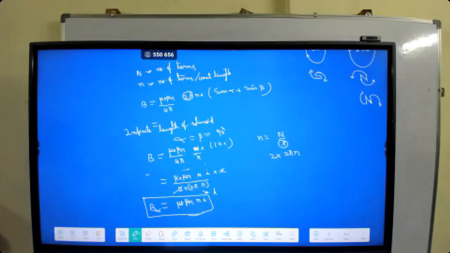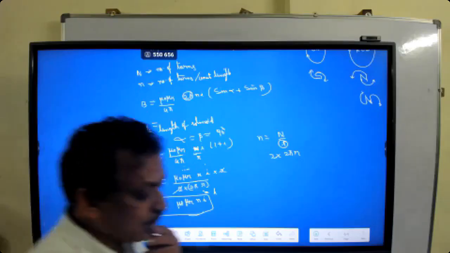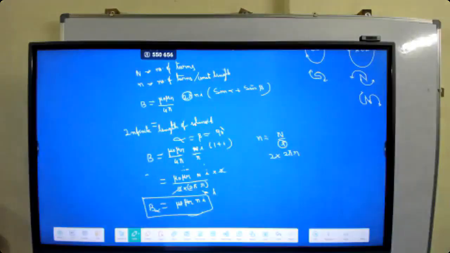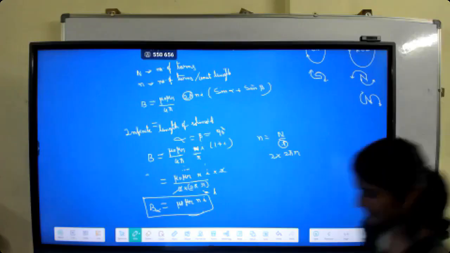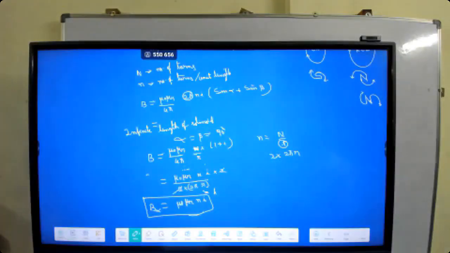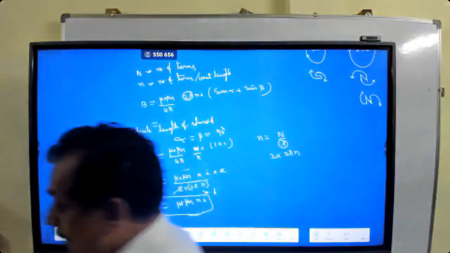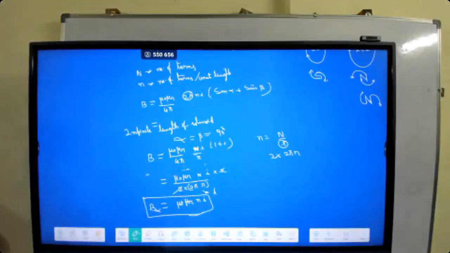Next point: if the solenoid is of infinite length, and the point is near one end.